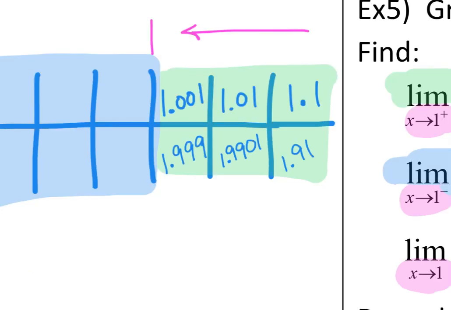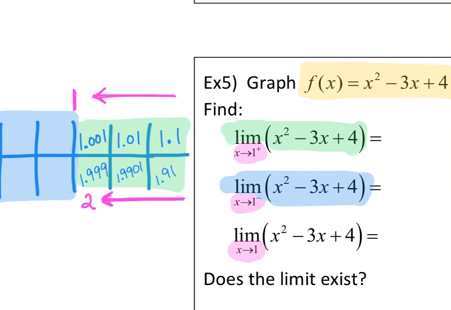What I hope you see is that as x approaches 1 from the right, y approaches 2. We don't talk about the y values approaching from the right or the left. So as x approaches 1 from the right, the y values approach 2, and that's our answer to the limit on the right.